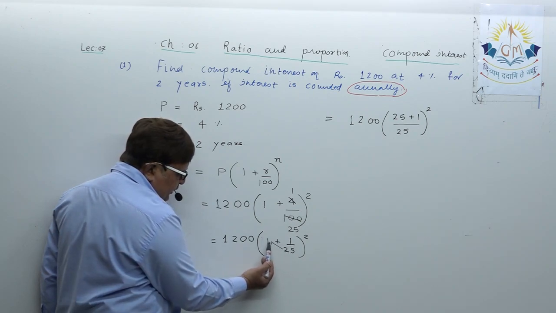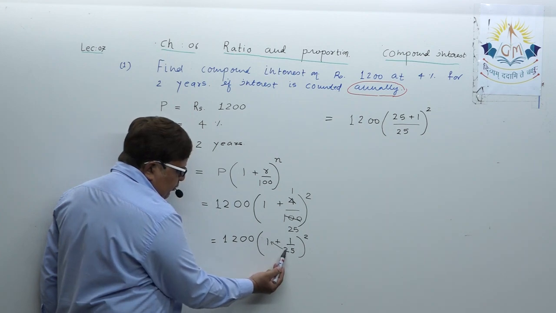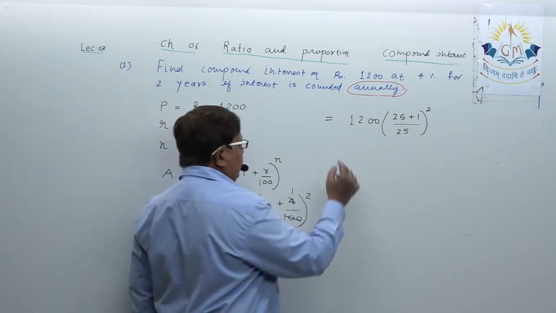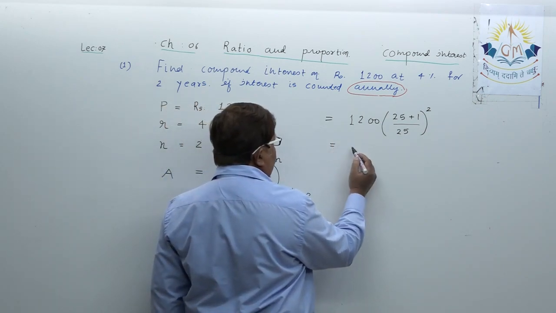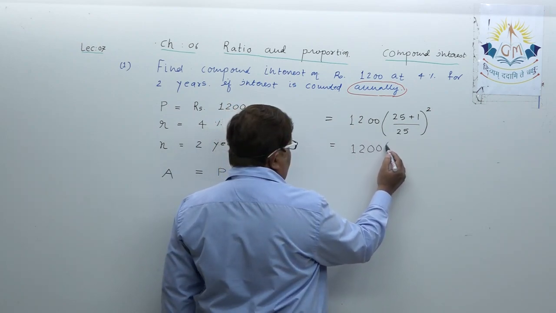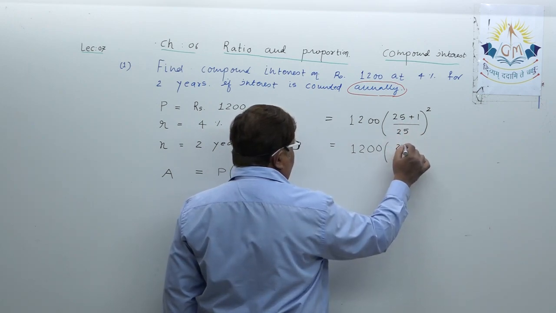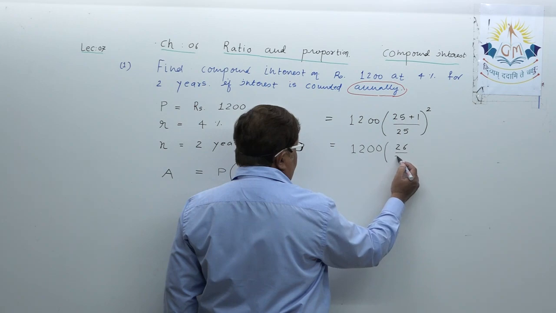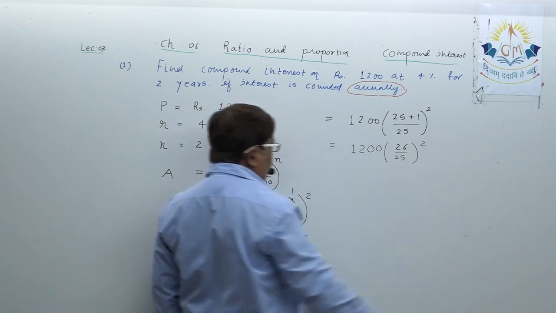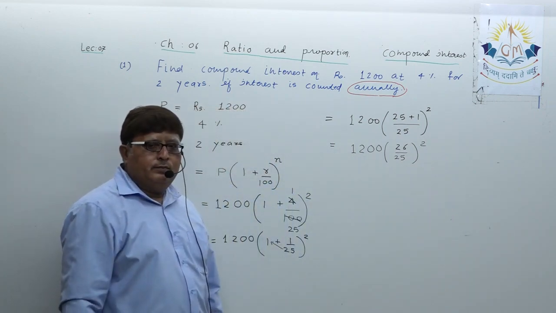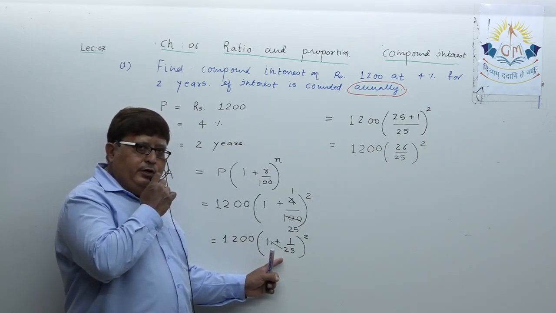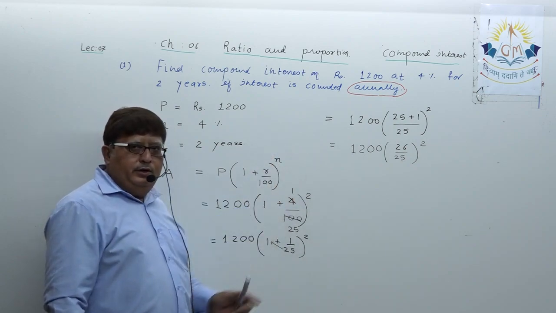So 25 will multiply here. 25 ones are 25, plus 1, upon 25. The next step, 1200 into bracket 26 upon 25 whole square. You understood, dear student, this important step? We just took the LCM and accordingly we are writing.